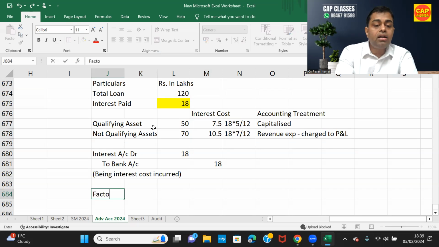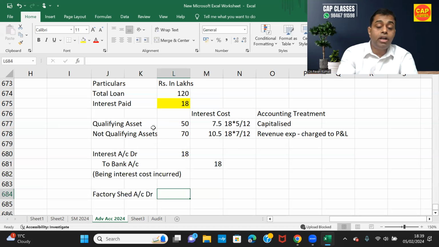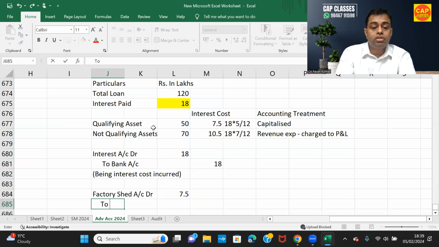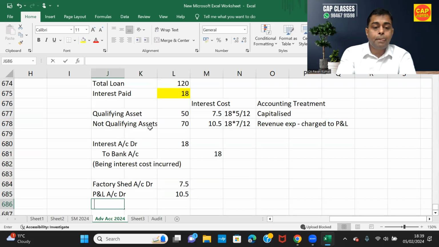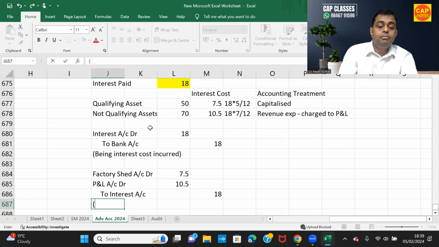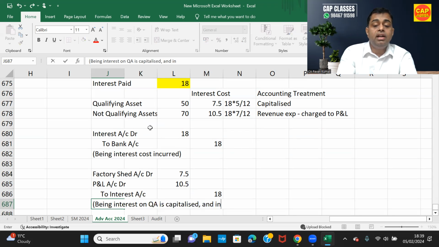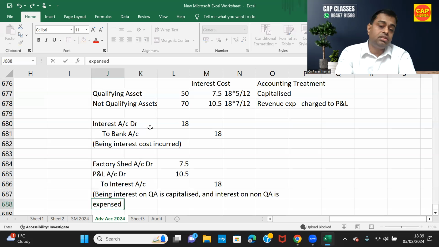So factory shed account debit 7.5. P&L account debit 10.5, to interest account 18. Being interest on qualifying asset is capitalized and interest on non-qualifying asset is expensed to statement of profit and loss.